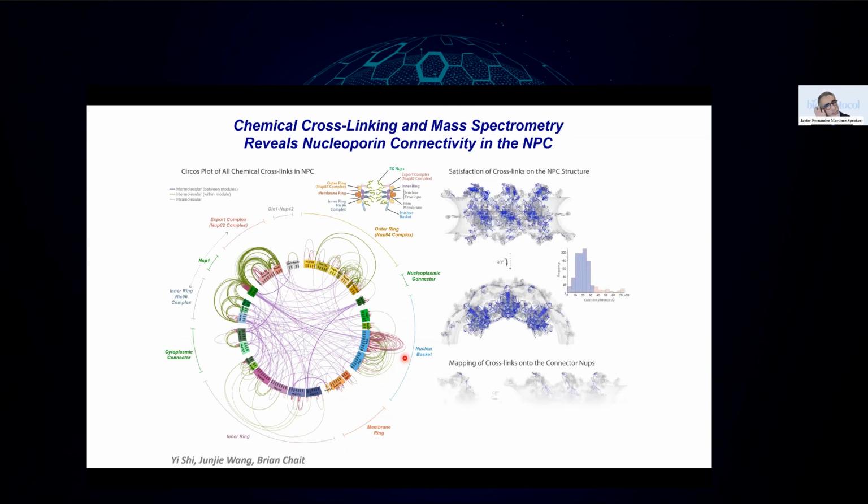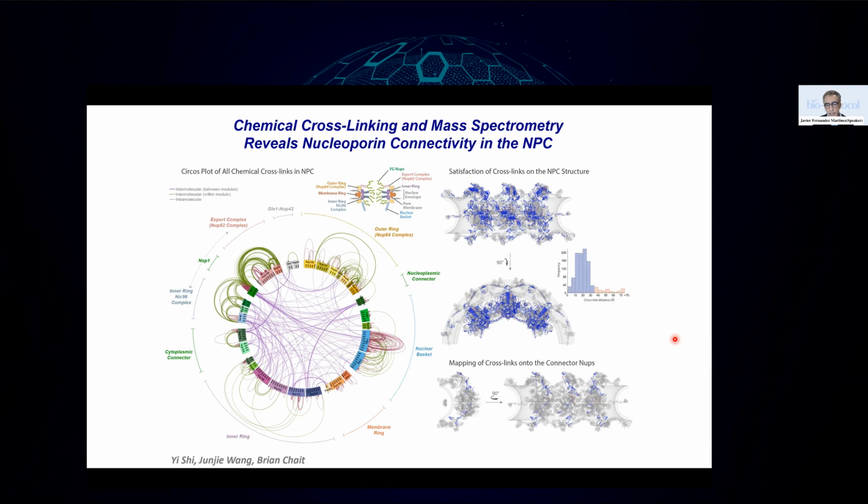And you can see here that when we later map these crosslinks to the structure I'll show you before, a huge majority of them, though not all, were validated and satisfied within the expected distance between the amino acids that we were targeting in the different nucleoporins.